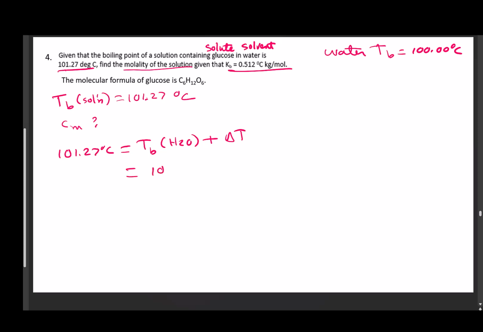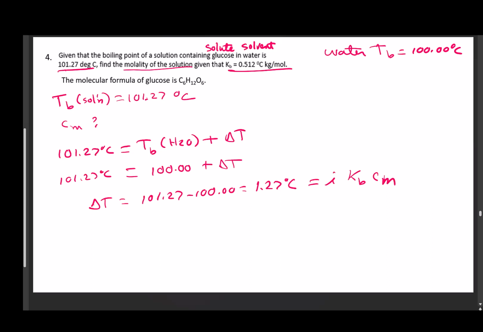So for water, okay. All right, so then we could compute delta T. And then we can use that van 't Hoff equation. Delta T is i Kb Cm. There. And that will allow us to compute the solution molality. That's what we're after.